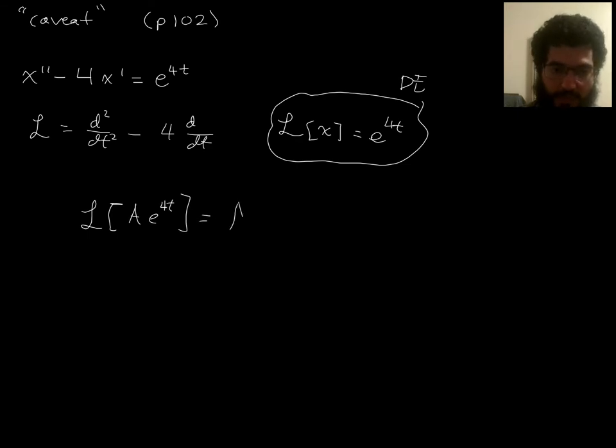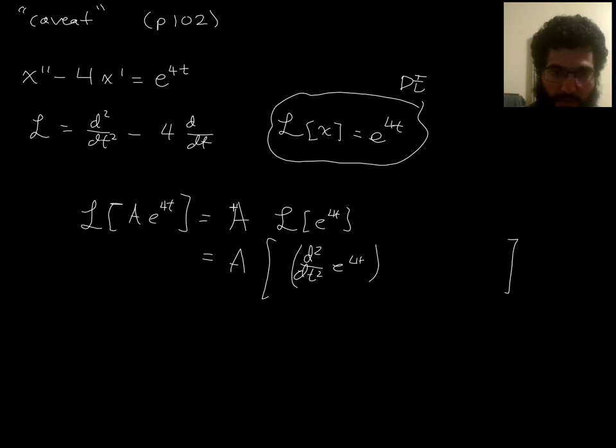What do I get? So I'm going to get A times what happens when I put in e to the 4t. And what does happen when I put in e to the 4t? I get whatever is the second derivative of e to the 4t, minus 4 times the first derivative.